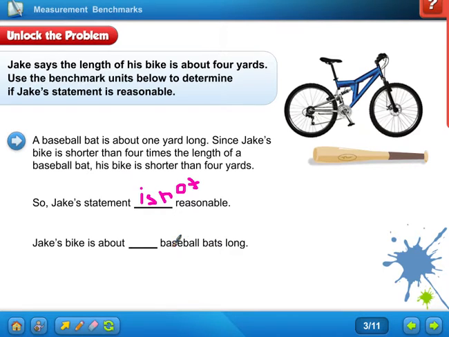Is not reasonable. Jake's bike is about blank baseball bats long. So it's a little more than 1, but it's not quite 2. So we'll say it's about 1 1/2.